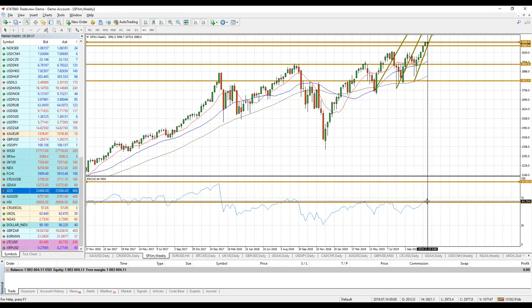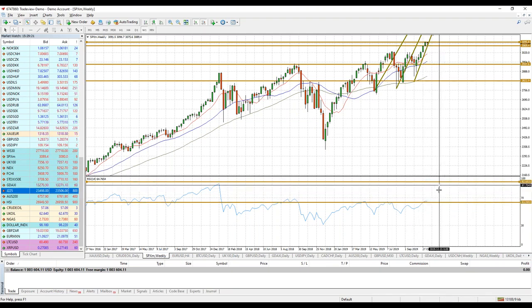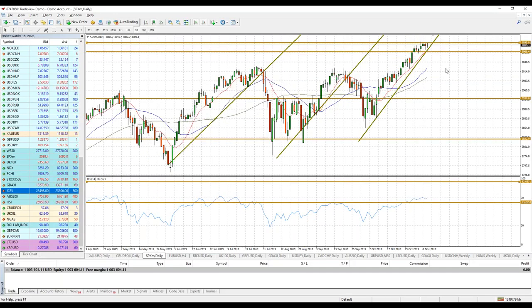So you're nowhere near those levels, and you could potentially even ask, could we be looking at runs towards those levels in the very, very grand scheme of things on a weekly time frame? But from a daily time frame, from an intraday perspective, we do need to ask those short-term questions. Even though in the long term it may go up, can we potentially be looking at downwards opportunities in the meantime?